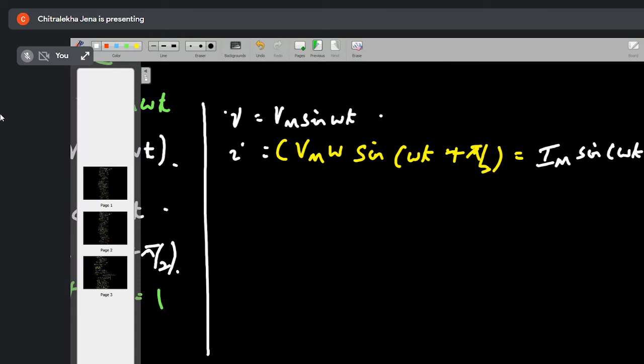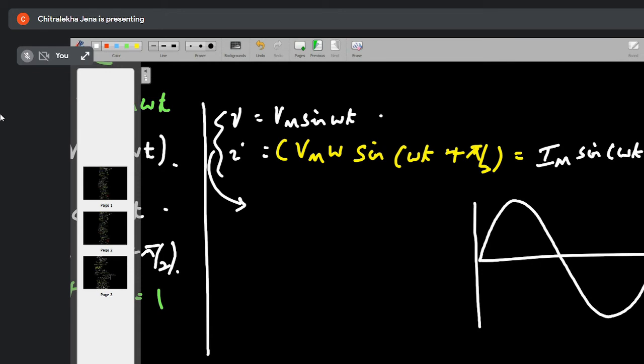From these two equations, what are you concluding? This is my voltage graph. How will the current graph be? Before pi by 2, before the origin. Very good. Before the origin it will start.